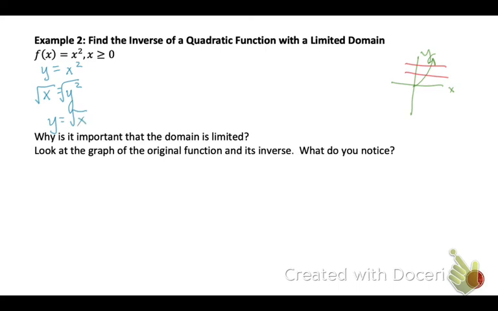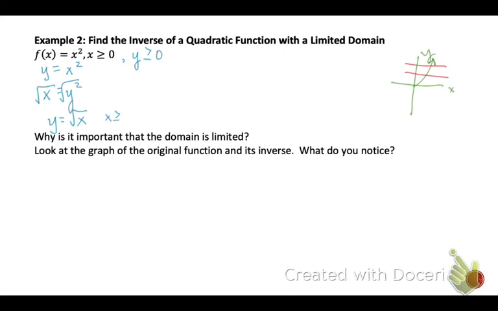Now I need to go back to my original function and figure out what my range is. You can see that the curve is where all the y values are greater than or equal to 0. What happens with an inverse function is that the domain and the range of the inverse function literally just interchange with the domain and range of the original.